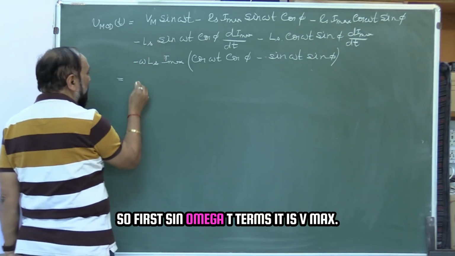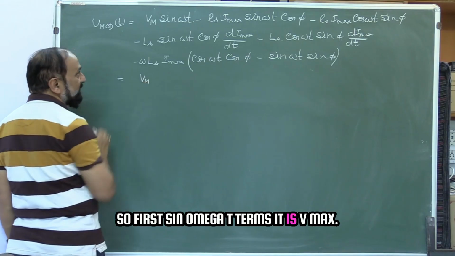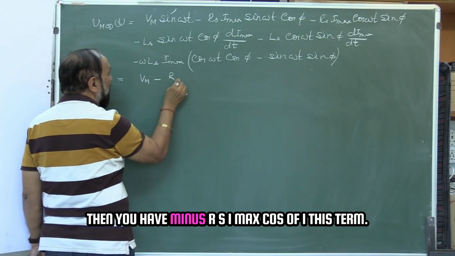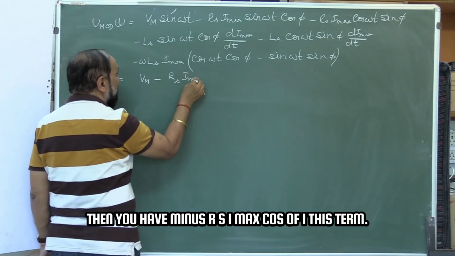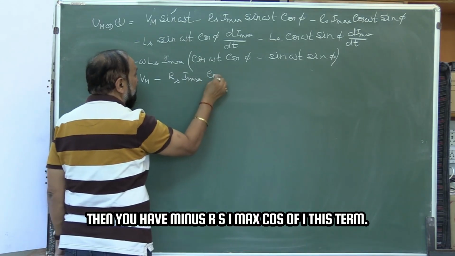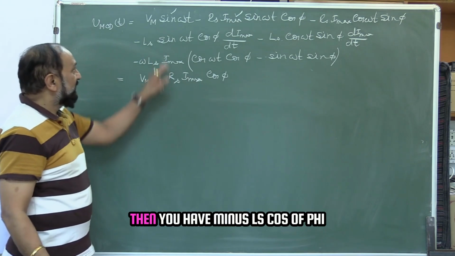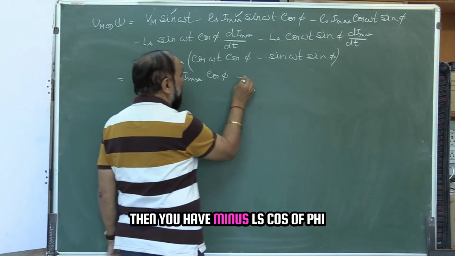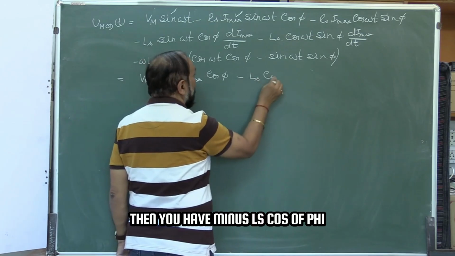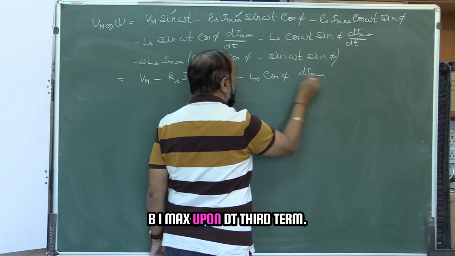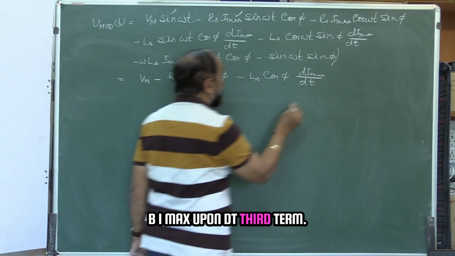So first sine omega t terms, it is V max, then you have minus Rs I max cos of phi, this term, then you have minus Ls cos of phi di max upon dt, third term.